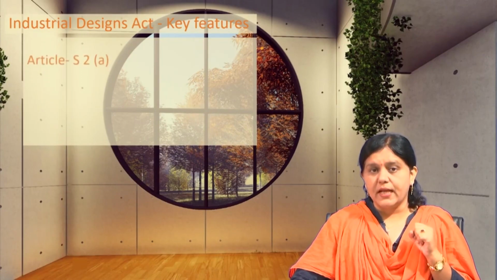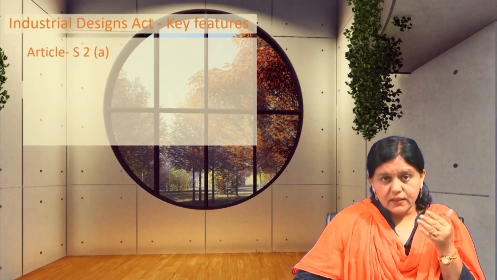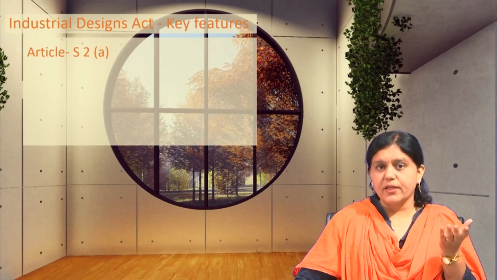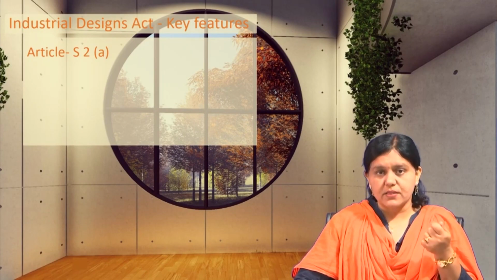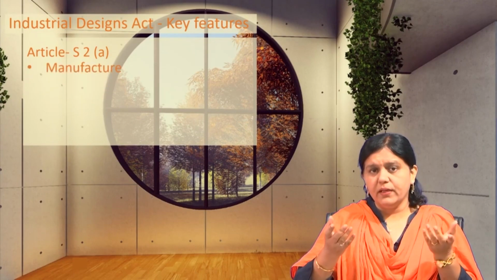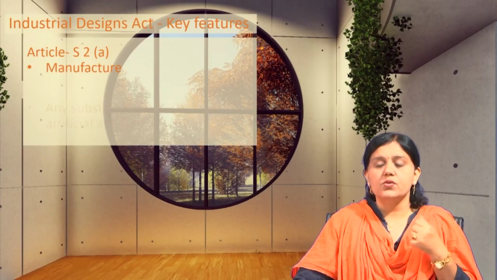When we talk about an article, it is defined in section 2A of the Industrial Design Act. An article is a manufactured thing, any substance, artificial or partly artificial and partly natural, and any part of an article capable of being made or sold separately.